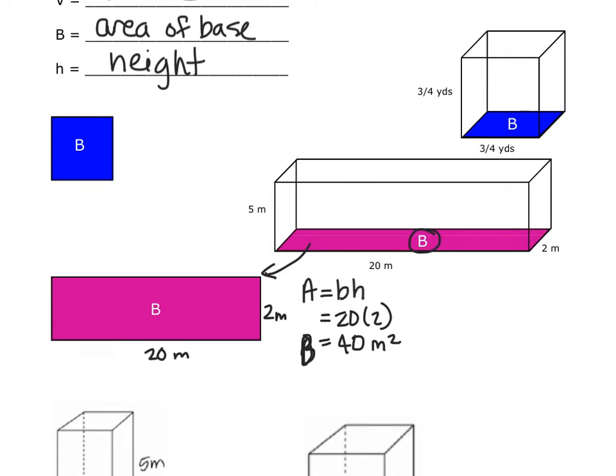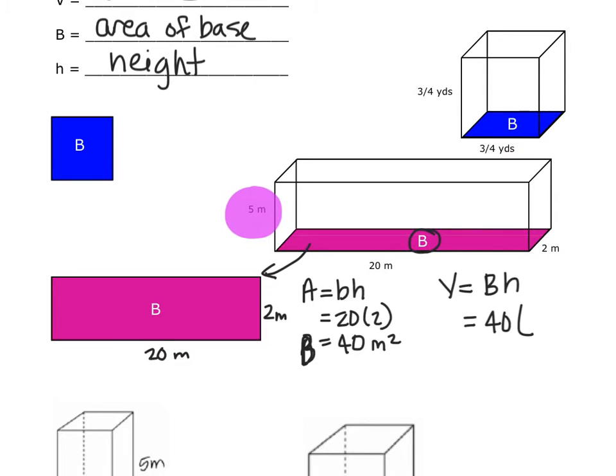is 40 meters squared. So when I have my formula, volume equals area of the base times height, I can substitute that in. The area of the base is 40, and my height I will get right here.